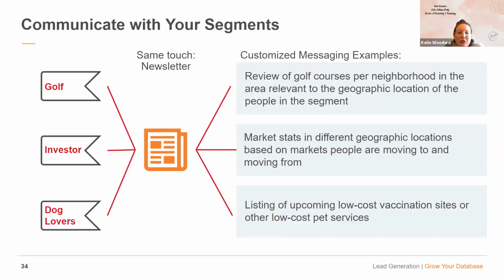So you can customize your messaging for the golf people. You can review golf courses in different neighborhoods and areas. For the investors, you can do market stats in different areas based on markets people are moving to and from. For the dog lovers, low cost vaccinations, adoption weekends, PetSmart deals, or whatever services come along with that.